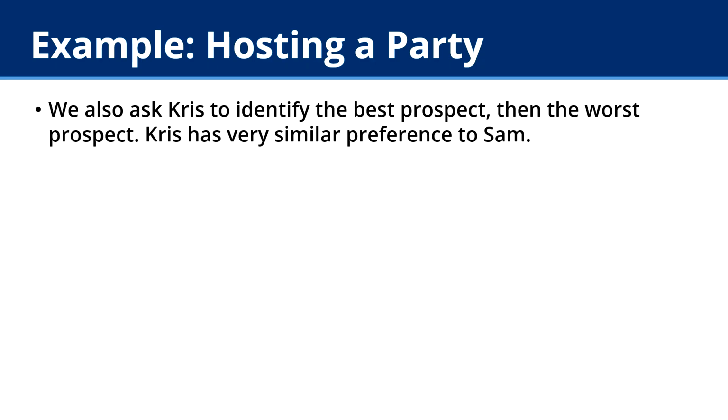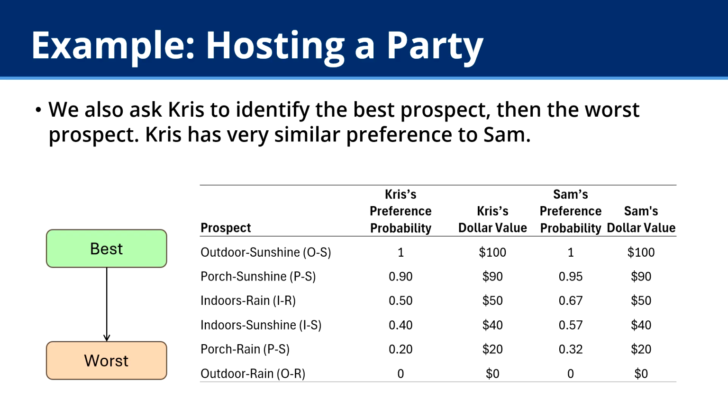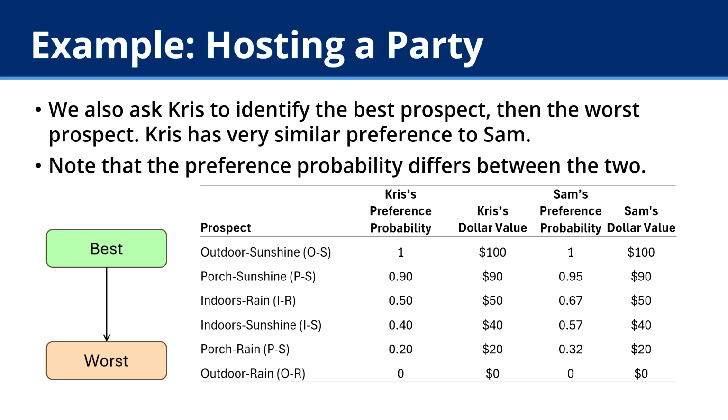So we continue by asking Chris to identify the best prospect and the worst prospect. Again, Chris has very similar preferences to Sam, so Chris will also set the best prospect as outdoor sunshine and the worst as outdoor rain. Then we ask Chris to rank the other outcomes. Chris is very similar to Sam, so the ordering of the outcomes is exactly the same.